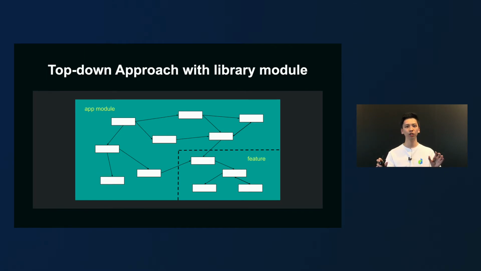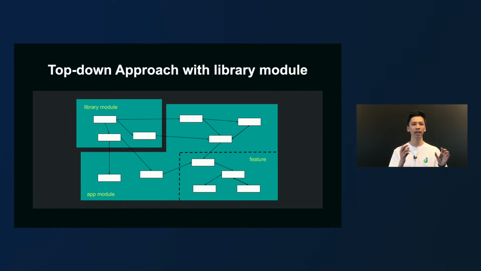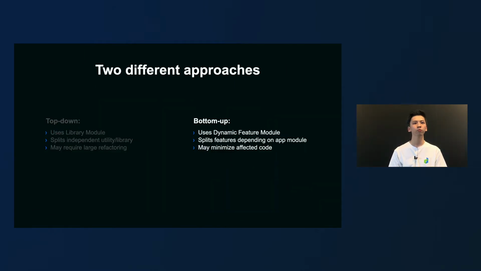And for the top-down approach, we will first create a library module, and then we focus on the higher hierarchy, the independent utility and library classes. And then we move those classes to the library module. Because those classes are usually used by many different features, we usually need to refactor lots of code and the scope of the impact is quite big.